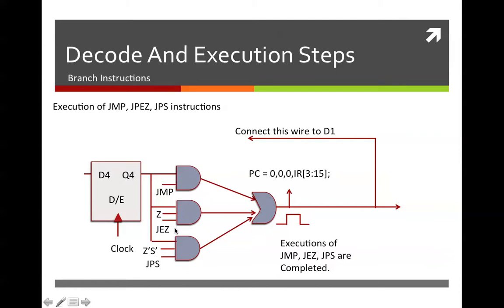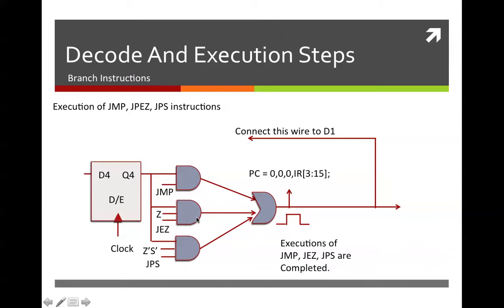The second case is jump with a 0, so the 0 flag has to be 1. Not just we want to jump with a 0, but we want that flag to be 1. And the third case is we want to jump if the accumulator is positive, or we want not 0 and not negative conditions simultaneously satisfied, so we know that whatever we have in the accumulator is positive.